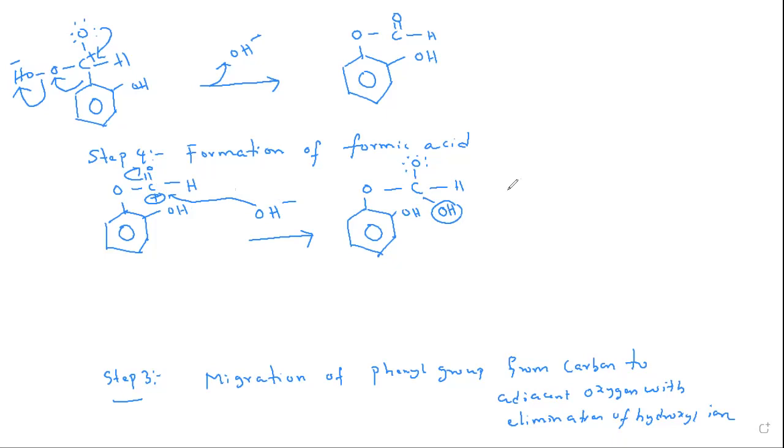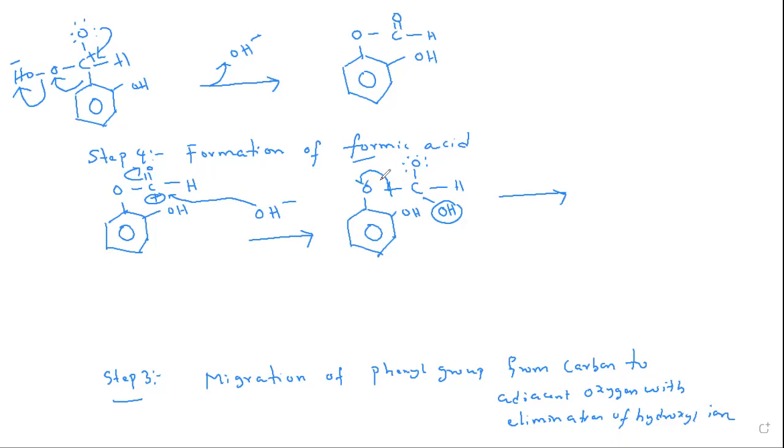So in the next step, we are going to form a product called formic acid. I'm going to break the bond between this carbon and oxygen. It's very easy. Due to the electronegativity difference, the electrons present in this bond will migrate towards oxygen.